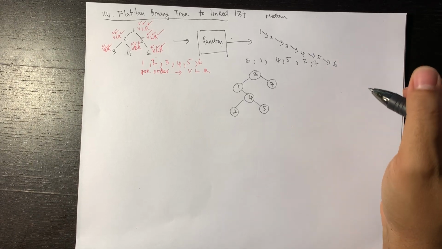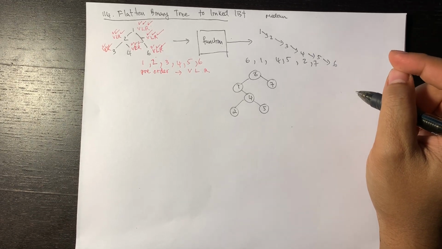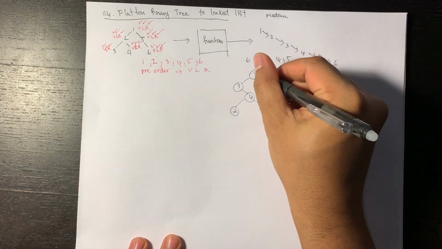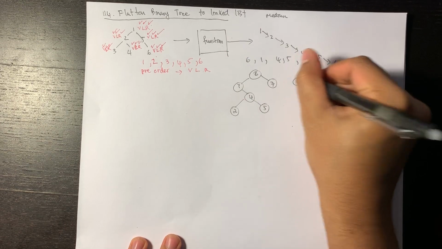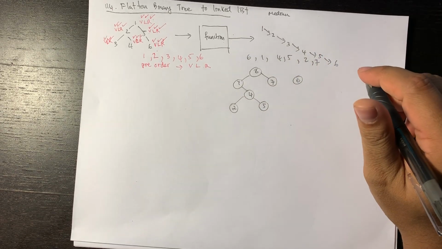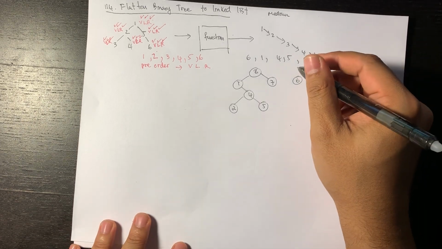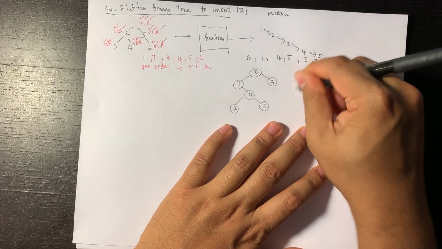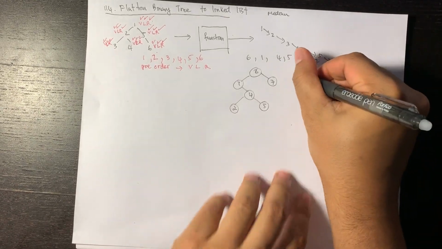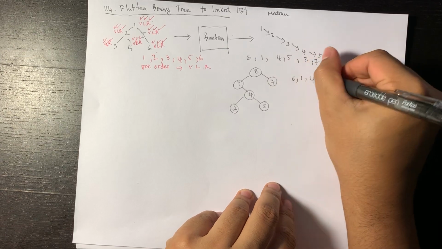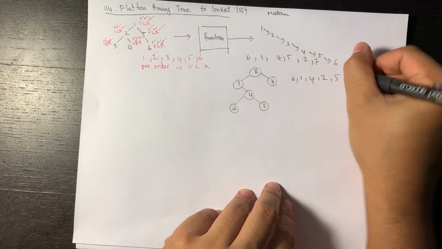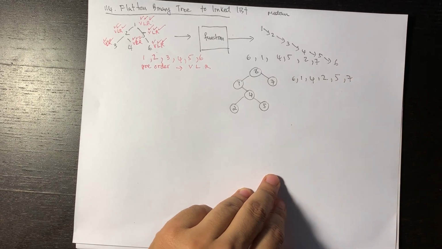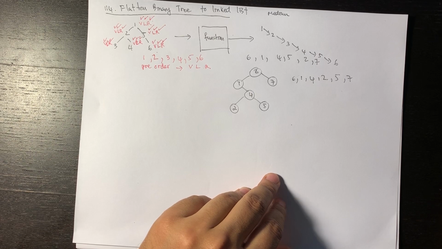I don't think for this case pre-order will give us a sorted array or sorted linked list. If we do pre-order, we would get 6, get 1, get 4, get 2, get 5, get 7. So nope, pre-order doesn't guarantee that we will get a sorted array.